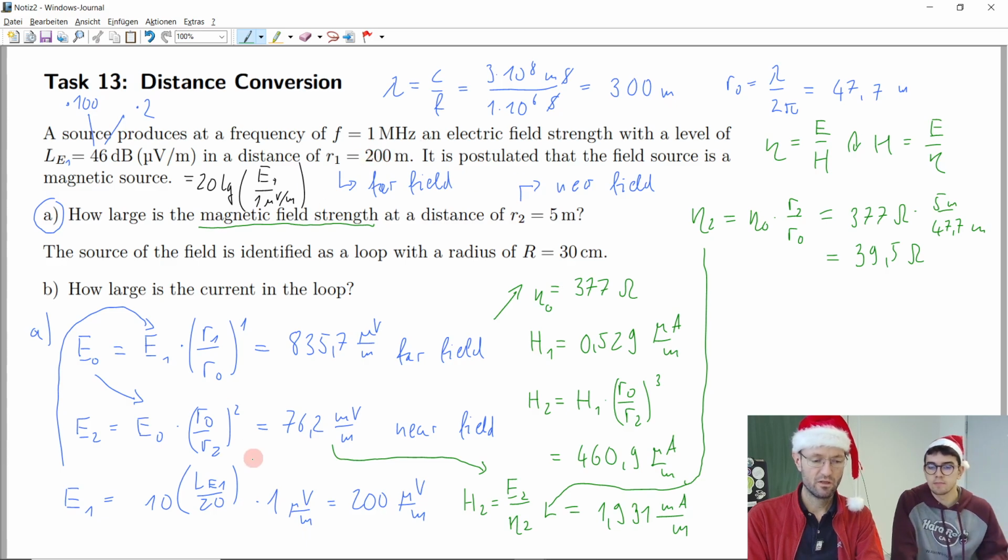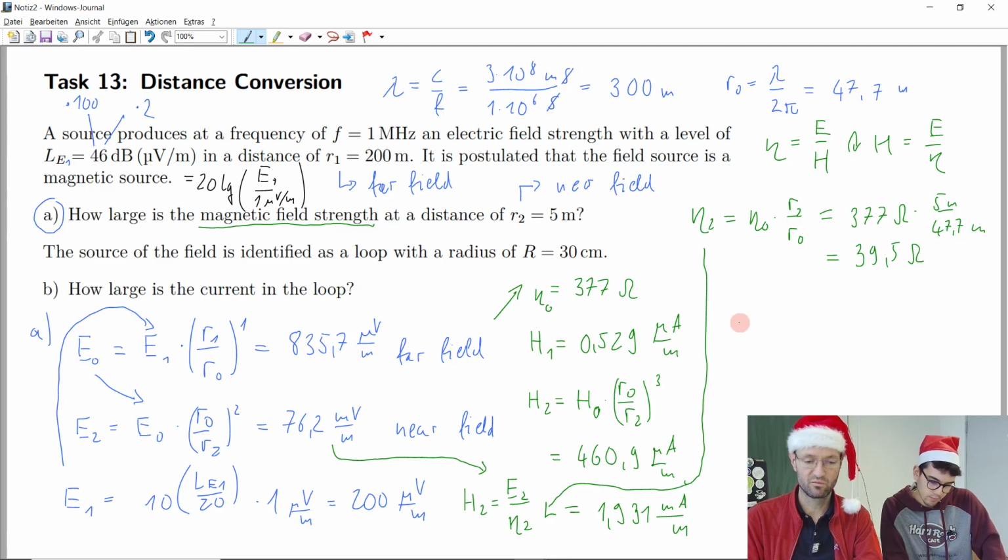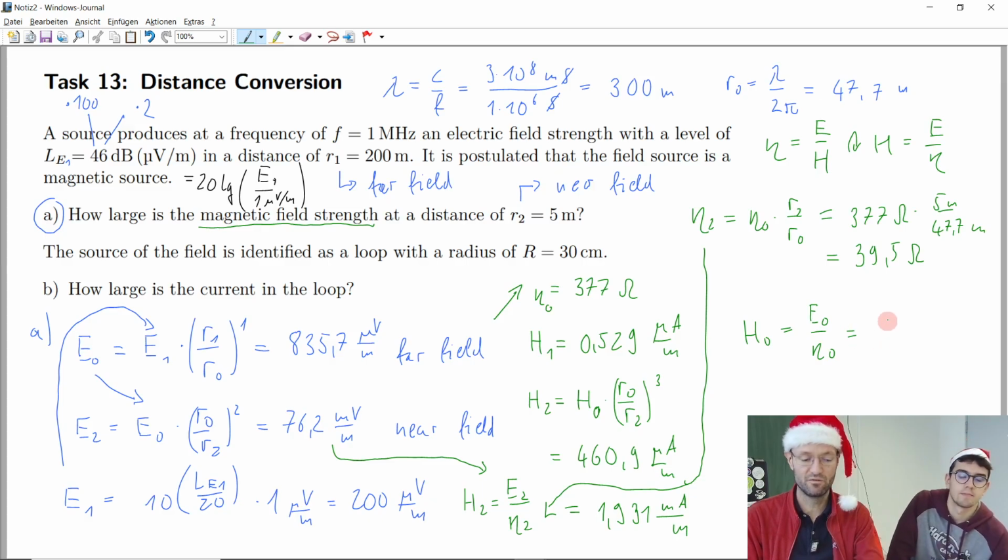We took this field strength here. You need H0. So instead of H1, I should just use H0 here, and then everything should fit. And H0 is something that we have not calculated yet, but that we can do. So this was H1, and H0 is I just use the E0 and divide also by eta 0, because this is also still in the far field and in the near field.